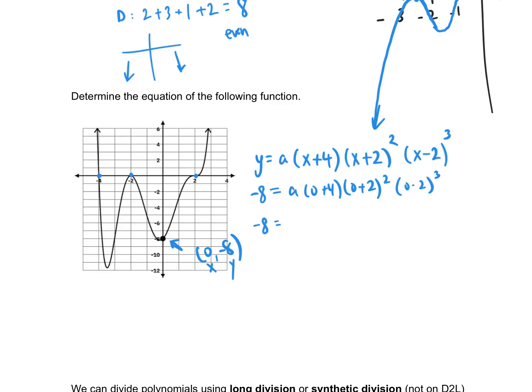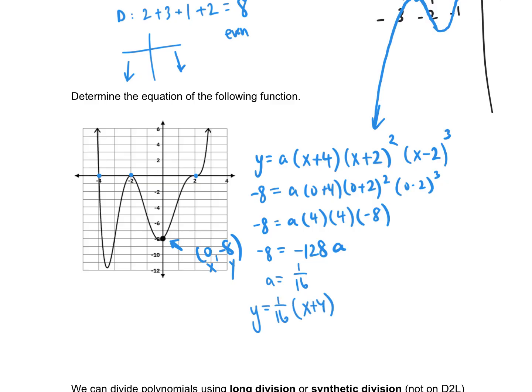So negative 8 equals a times 0 plus 4, which is 4. 0 plus 2 is 2, squared is 4. 0 minus 2 is negative 2, cubed is negative 8. And now 4 times 4 times negative 8 is negative 128, times a. And then I'll divide both sides by negative 128, and we get an a value of 1 over 16. So our final function is y equals 1 over 16 times x plus 4 times x plus 2 squared times x minus 2 cubed.